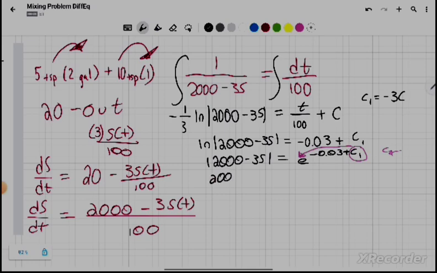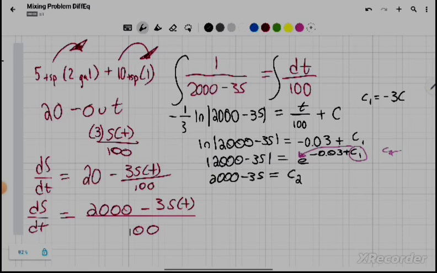So we have 2000 minus 3S. We know that that would be plus or minus, and which one we'd use would depend on what value of S we would have. If S was less than 2000 over 3, we would have a positive, so we choose the positive value. This refers back to the first video I made, where we solved those equilibrium solutions.